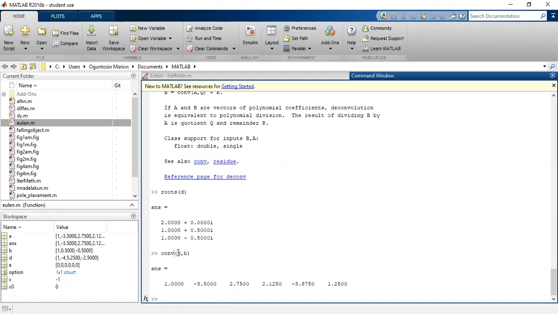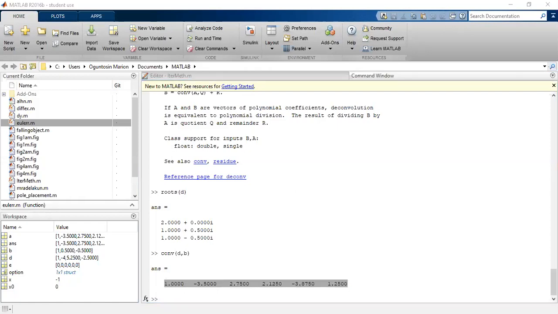That's because D is a third order polynomial, and B is a second order polynomial, and D and B are both factors of the polynomial A. So when we multiplied them together, we got the original polynomial.